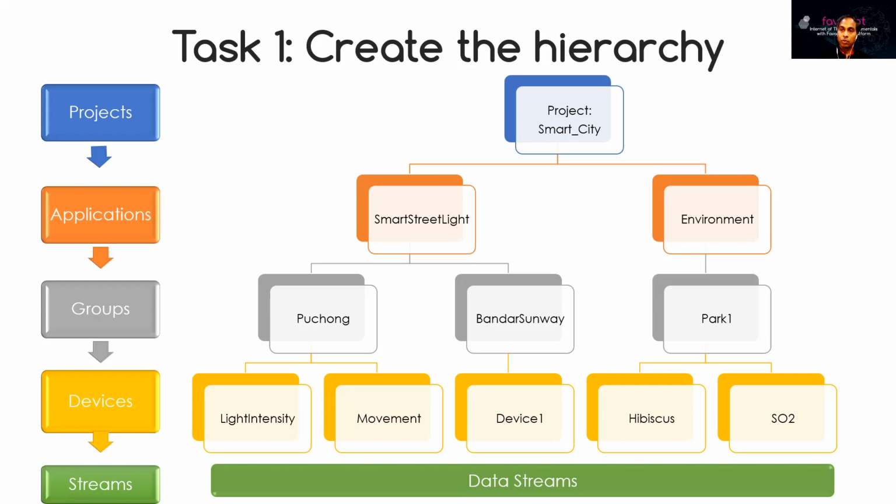For example, the type could be Arduino, could be off the shelf, and the sensors could be light intensity sensor, movement sensor, and so on. But most importantly, the hierarchy must be there. And maybe for hibiscus, you can give the latitude and longitude. You can move the marker and select the location where you want to deploy it. I hope it is clear.